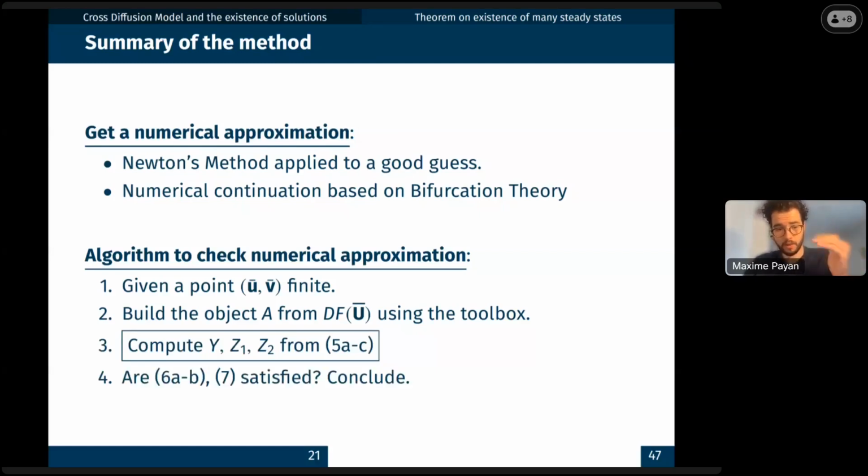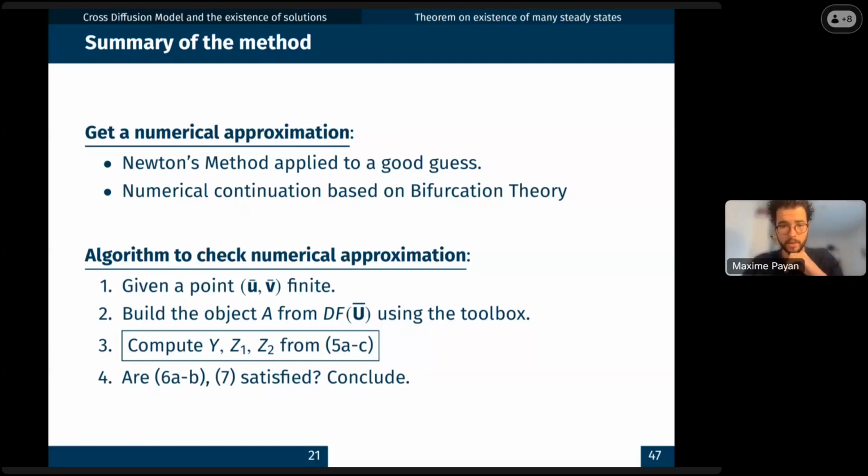Then you check if you have 6a, 6b, and 7. And if they are satisfied, you can say there exists a unique solution in a known neighborhood of the numerical approximation.